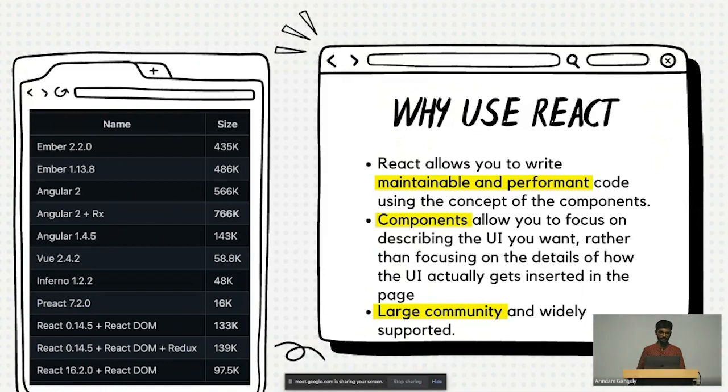The library size of React is only 133 KB, and that too including React DOM. It has even been reduced: as far as I know, on React 16.2, if you think of React itself, only the React library, not including React DOM and Redux, it is somewhere around 5 point something KB. I don't know the exact number, but it's near about 5.4 KB or something.